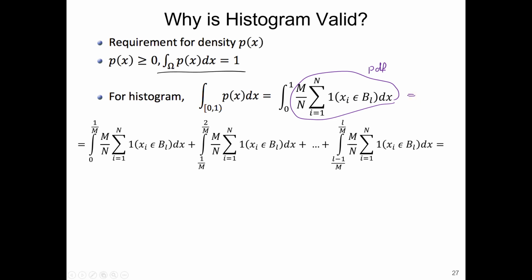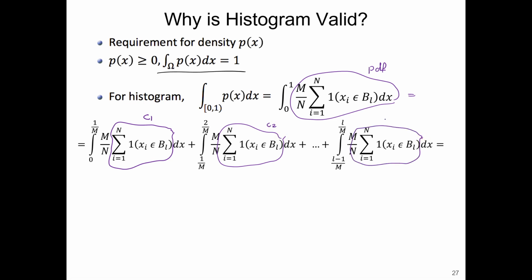So what do you think this summation is for the first bin? All the data points belonging to that bin. This will give us C1, this will give us C2, and this one?